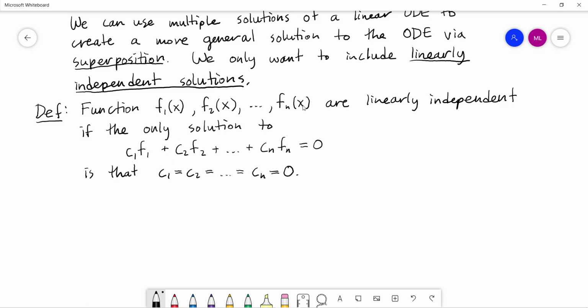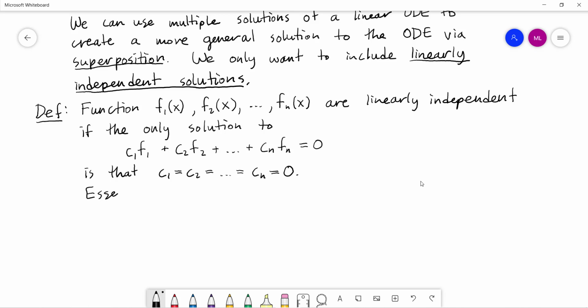So basically what it's saying is these functions are linearly independent if and only if the only solution to this equation is that every single coefficient has to be 0. So essentially what it's saying, if you think about this, is there's no way for one function to cancel out another function.